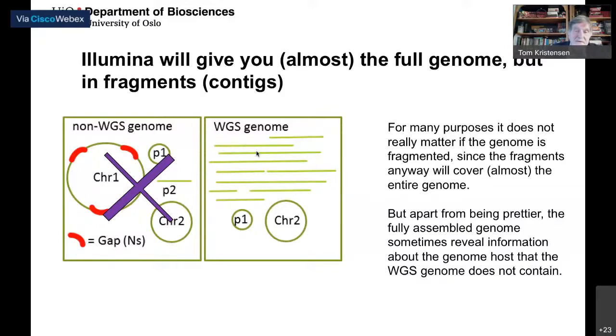But again, a fully assembled genome can show us things that a collection of contigs will not tell us. So in most cases, it would be at least prettier and more satisfying to end up with a circular genome like this instead of a lot of long but not connected fragments.